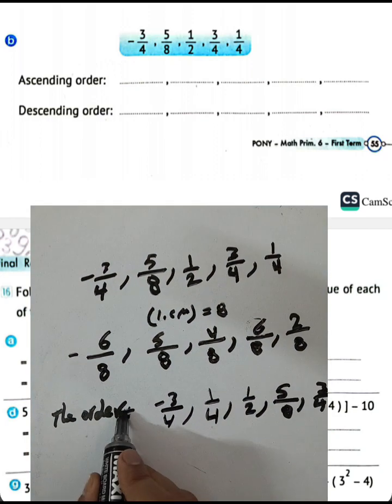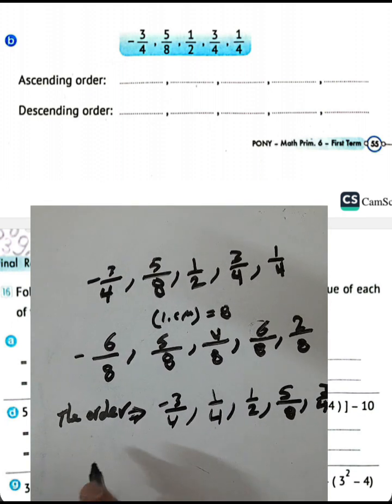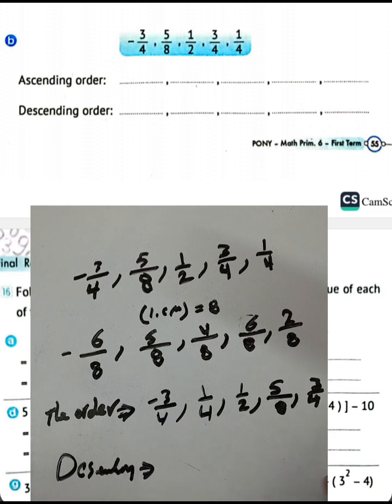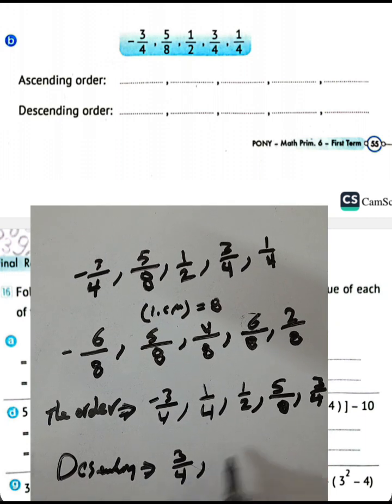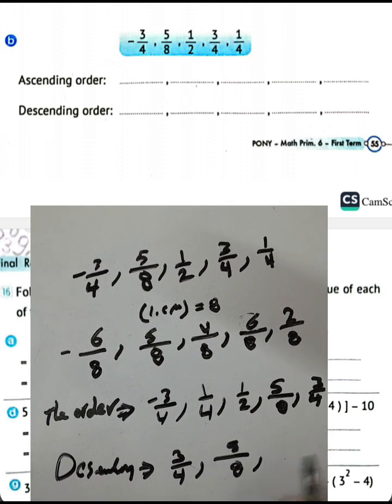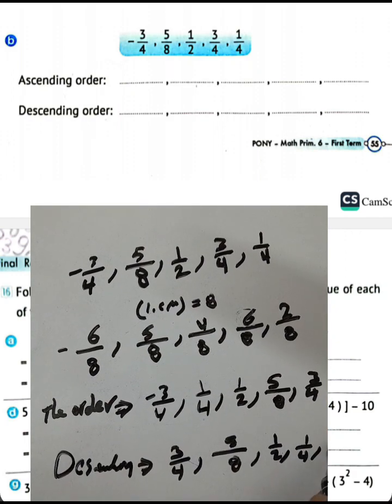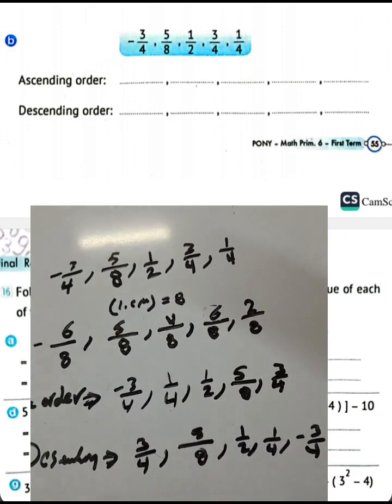And that was ascending order. For descending order, we write 3 over 4 first and 5 over 8, the inverse from right-hand side to left-hand side, and negative 3 over 4 last.